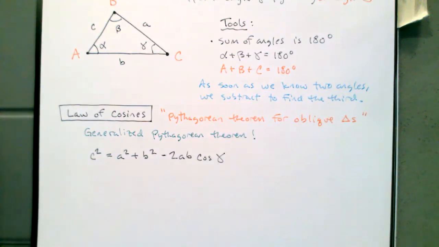Here's some cool stuff. Note that if gamma is equal to 90 degrees, then C is the hypotenuse, and cosine of gamma is equal to 0. And we end up with C squared is equal to A squared plus B squared, which is the Pythagorean theorem.